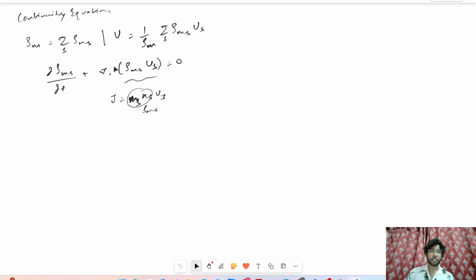So this is the continuity equation. That was simple. The momentum equation takes a little bit of work, but we will go through it step by step.